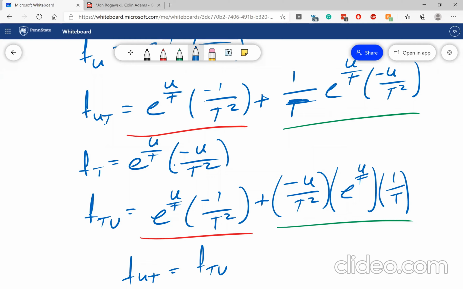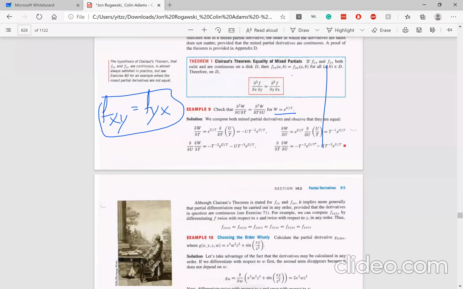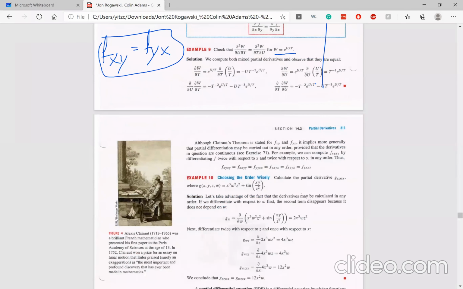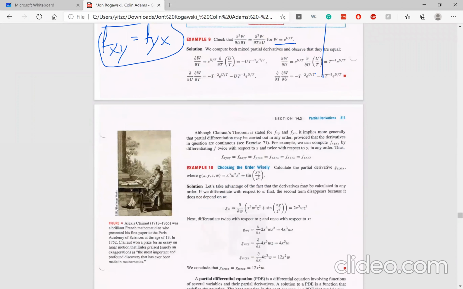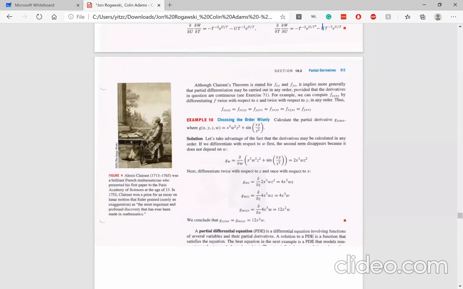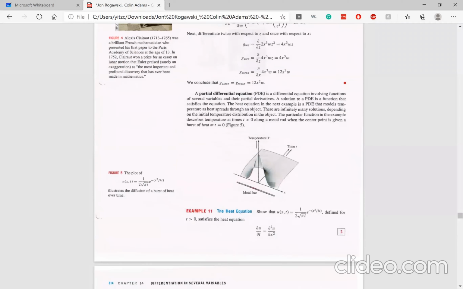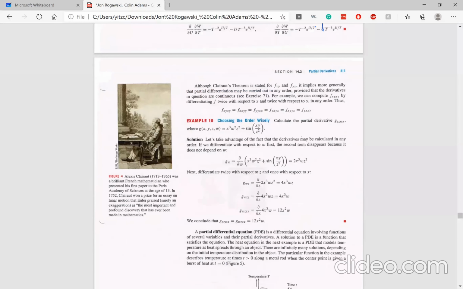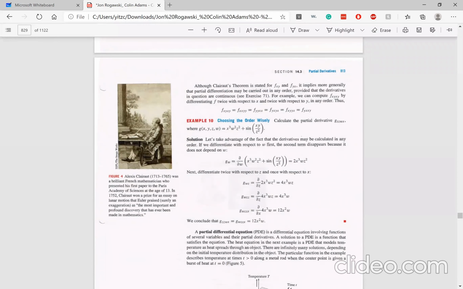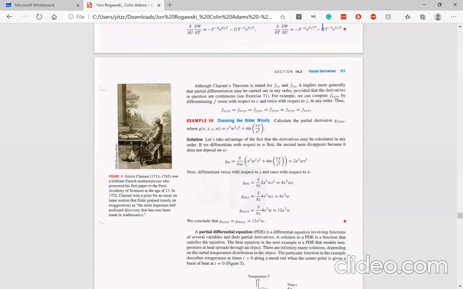Okay. So they say you can take many partials over here. And they ask us to calculate the partial derivative of this thing, but I'm not going to do it.